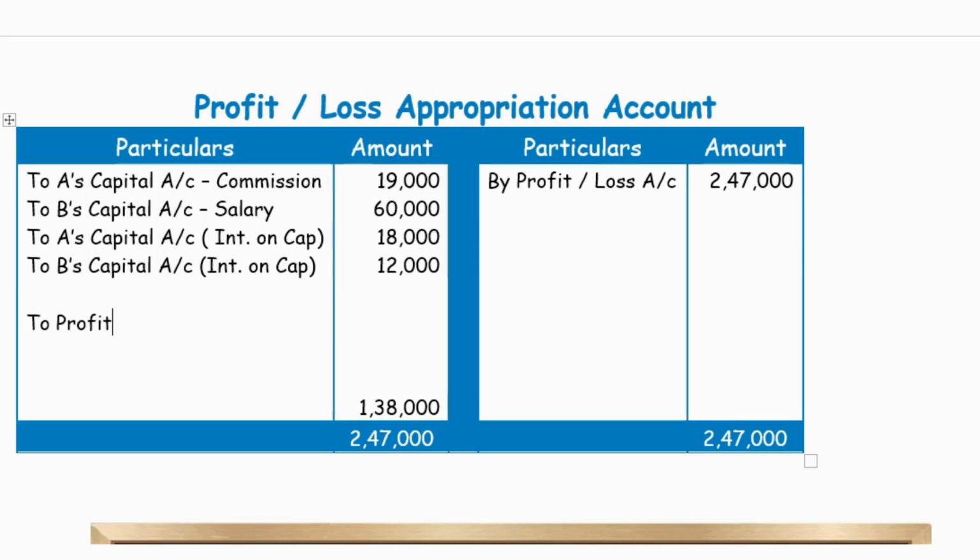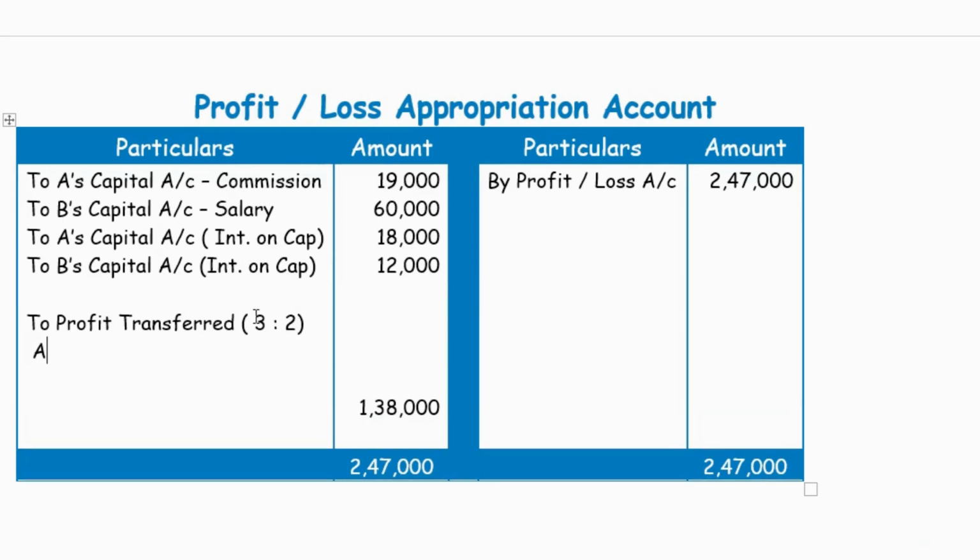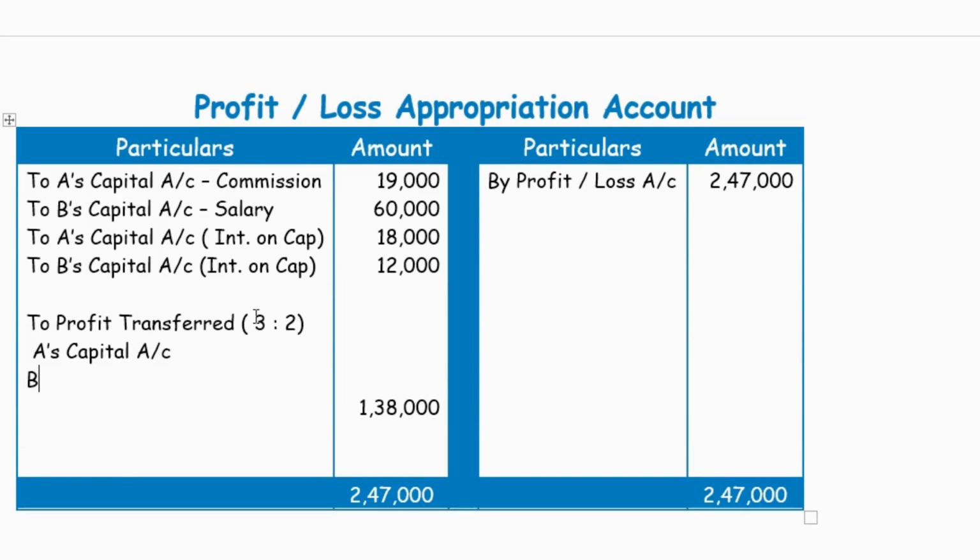This is the profit available for the partners, and it will be transferred in the ratio given in the question, 3:2. The profits are transferred to A's capital account and B's capital account. For A it would be 82,800, and for B it is 55,200.